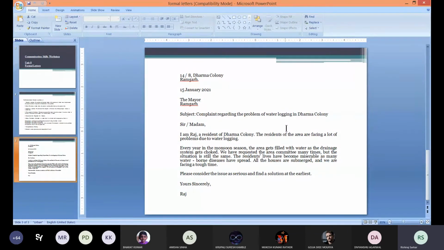Any particular marks are not divided into address line and so on, but these are the pointers where you can lose marks. So marks are overall only. These pointers should be there as given in the format. 8 pointers are there, and these 8 pointers should be there.